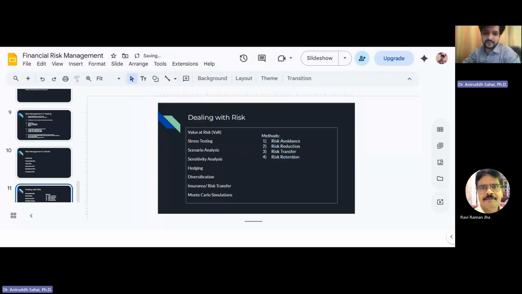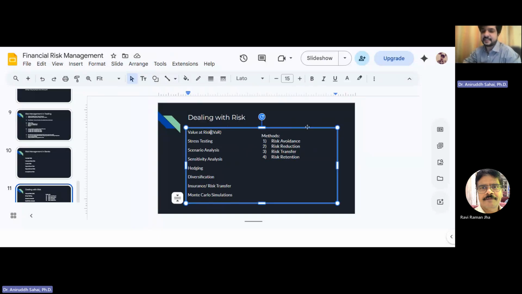These are some broad ways that you need to know and remember in which risk can be dealt with. But coming to the specific ways, these are broad ways. Now, coming to the specific methods in which we can measure, identify, and evaluate and prepare ourselves in a better way for this variety of different risks.